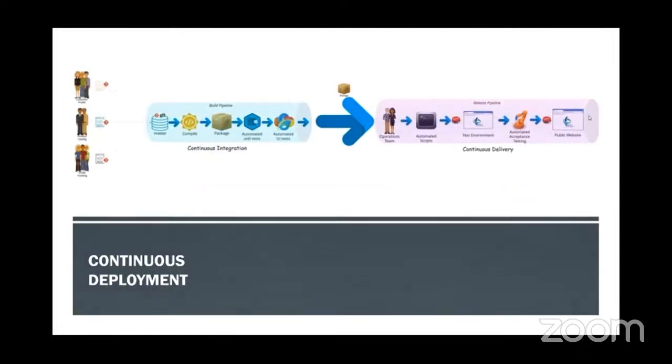So this entire pipeline in one page you can see is the continuous deployment, wherein as soon as the developers check in the code, all of the series of checks and balances are executed and the final code is deployed on the website. This is continuous deployment. So there are these three terms that we have to understand in this CI/CD.